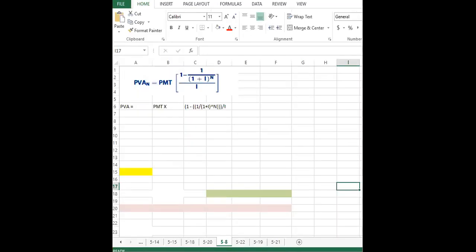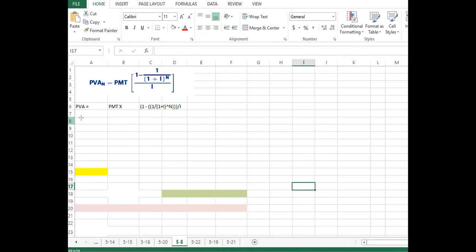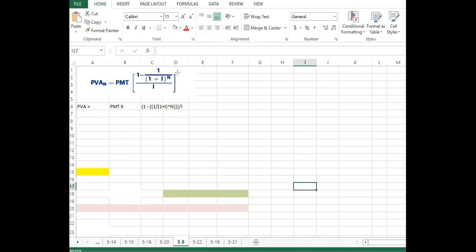So here we have the Excel sheet. Okay, class. First of all, we write down the given data. We have the present value of the annuity, that is $20,000.